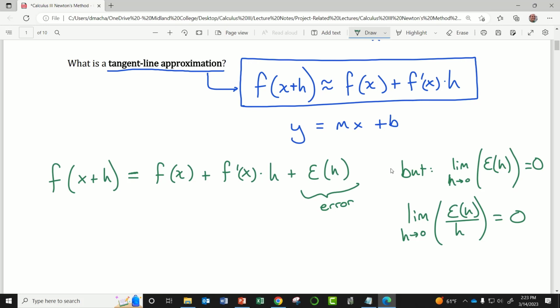And that's saying something important, actually, because this denominator, this h is going to 0, and typically when the denominator gets really, really small, then the value of the fraction gets really, really large. But in fact, this error term is approaching 0 even more rapidly than h itself is approaching 0. And so this is sort of a statement that tells you that this is actually sort of a valid approximation and that this actually means something.